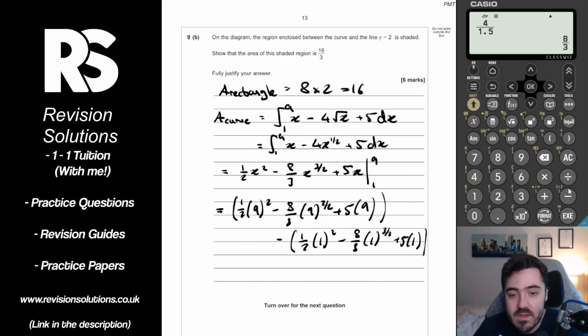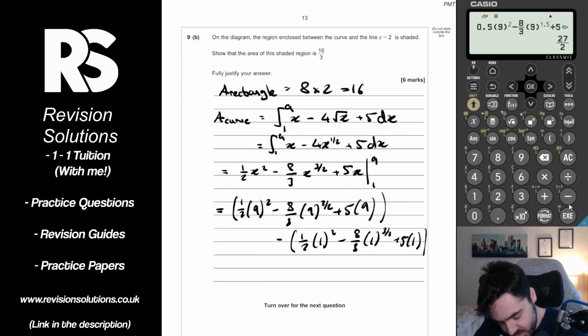And then I'm just going to use the calculator to evaluate both those limits. So the first limit is 0.5 times 9 all squared minus 8 over 3 times 9 to the power of 3 over 2, and then plus 5 times 9, which is 27 over 2.